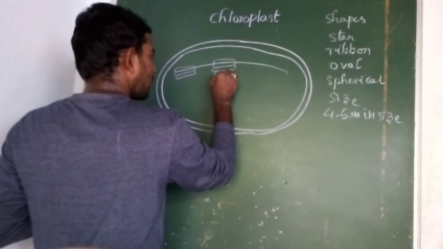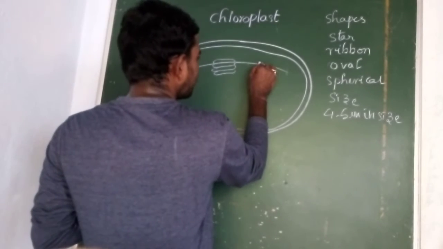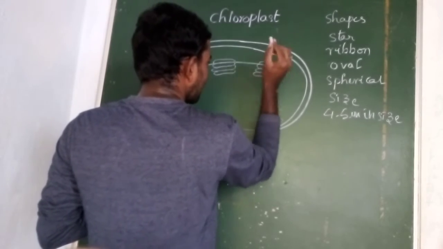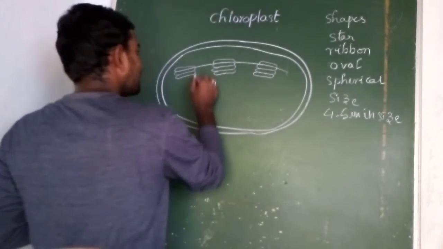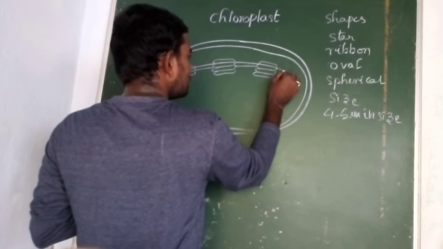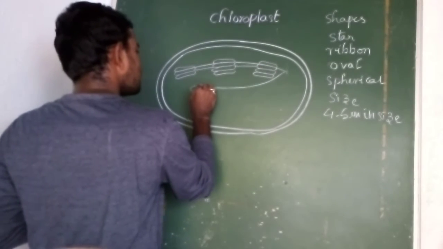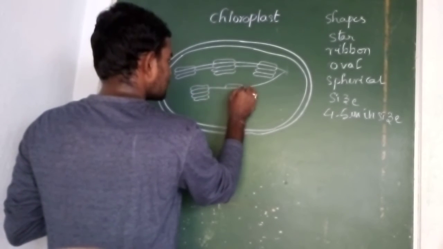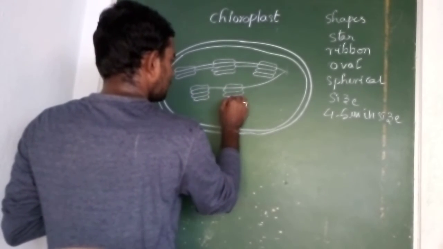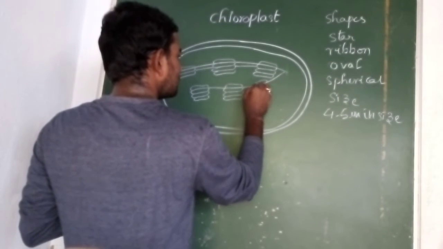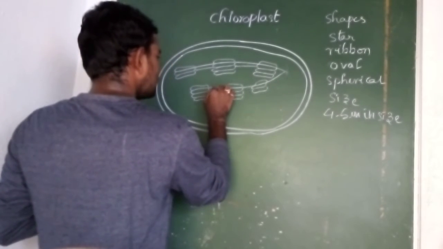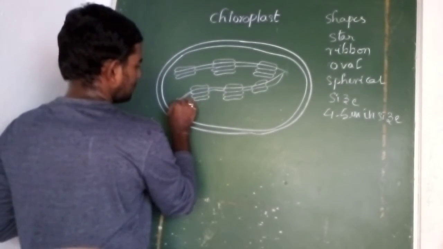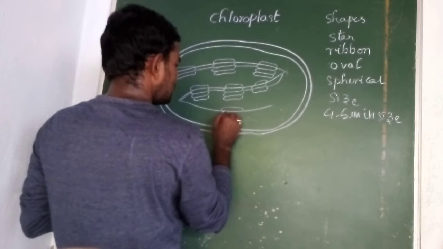The stack of thylakoids is called granum. In the granum, the light reaction takes place. This is the thylakoid.